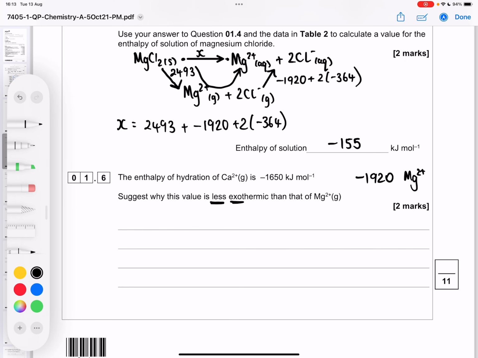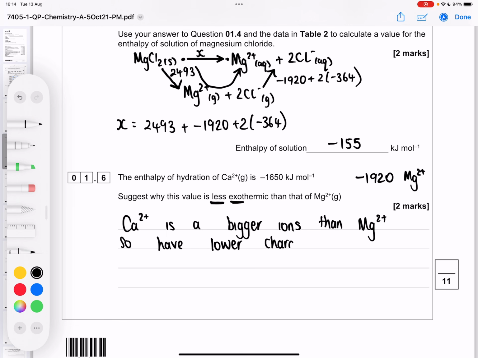They're both group 2, so they both have the same charge, but calcium ions are bigger, more shells, so they've got the same charge but bigger size, so lower charge density.